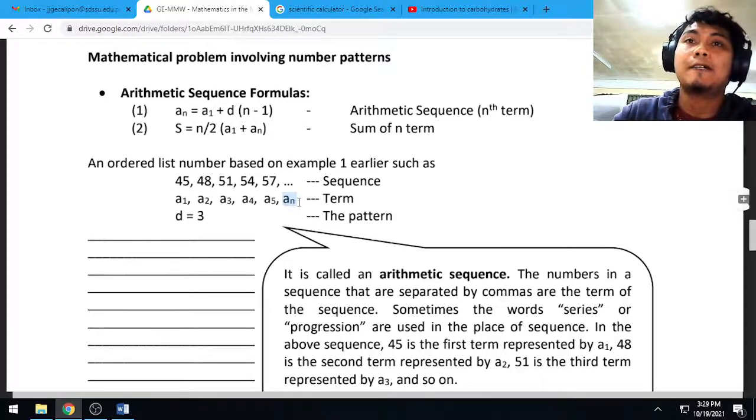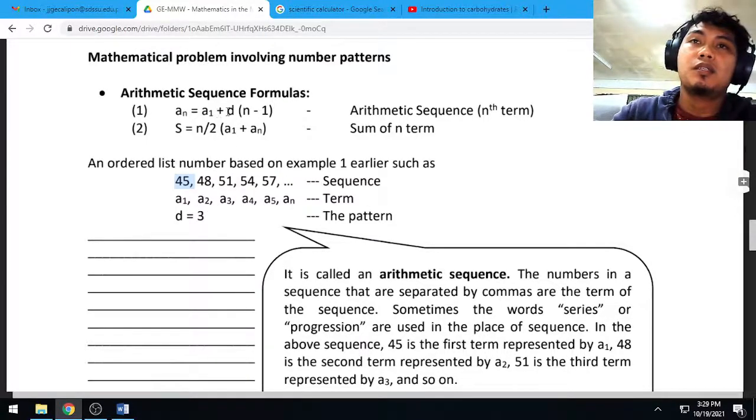Pag may specific na siyang number, tumutukoy na siya sa kung pang ilang term. Halimbawa, dito sa formula, A1 tumutukoy sa first term. Dito sa sequence, magsisimula tayo sa kaliwa. So ito yung first, 45.